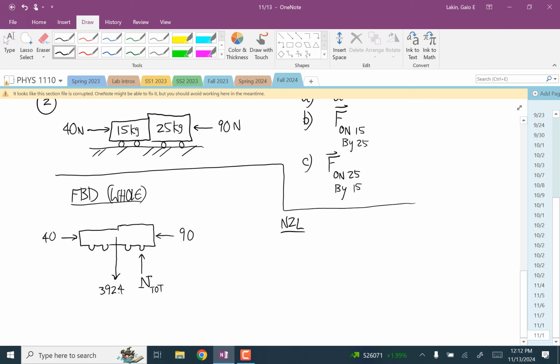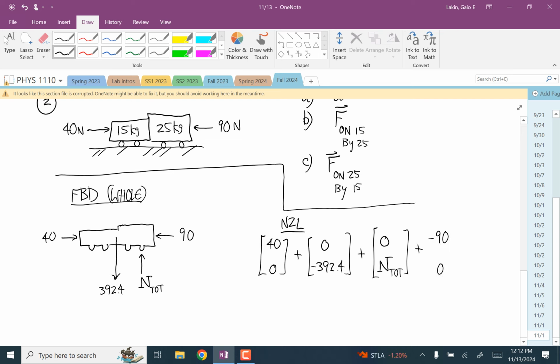So Newton's second law says 40, 0, plus 0, negative 392.4, plus 0, N total, plus negative 90, 0, is equal to the total mass, 40, times the acceleration.